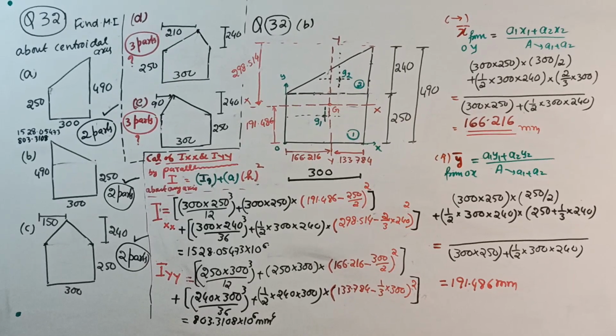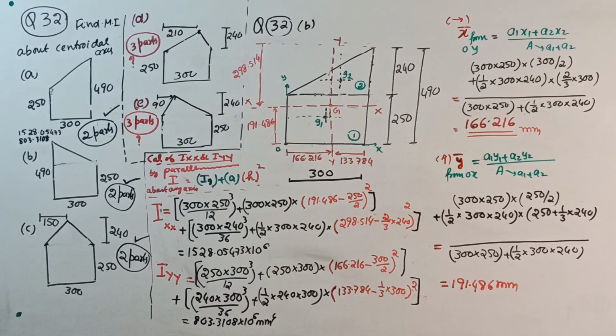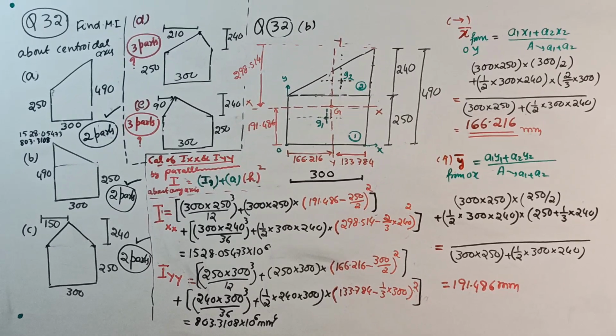The dot at the bottom, what I wrote, is not visible properly. So before I paused the recording, I slightly lifted the camera so that now you can see that number, 803 point something.